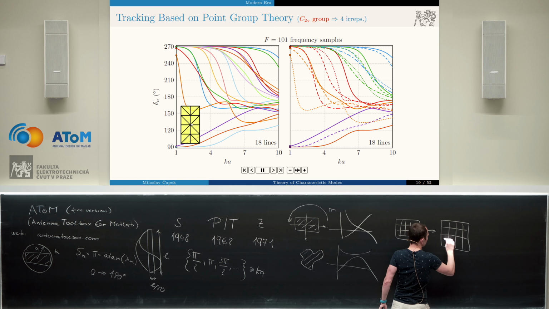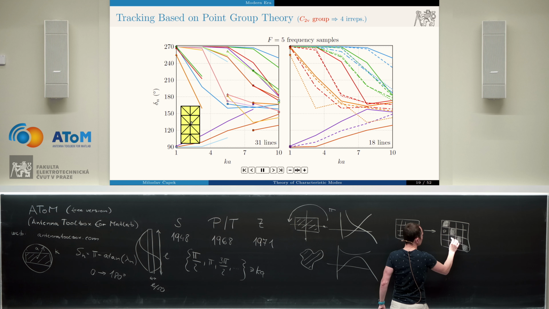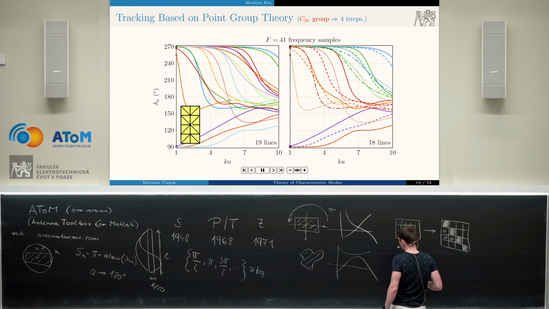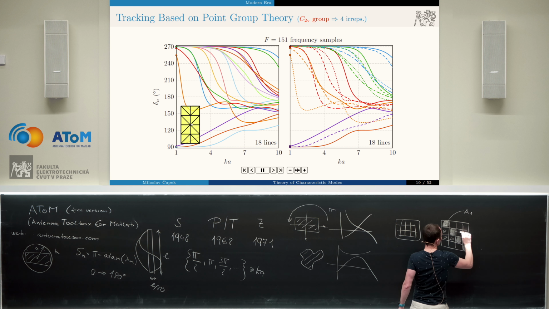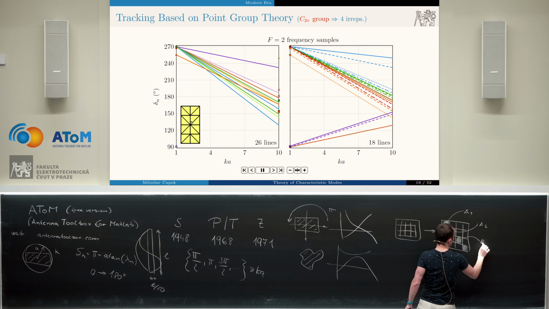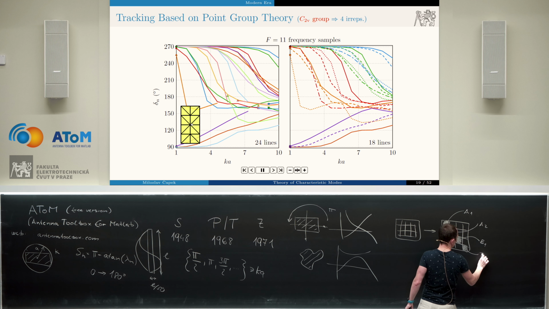So blocks like this, where this is the first irreducible representation, second, third, and fourth, and zeros are sitting everywhere else. And the eigentraces coming from these individual blocks are called in this case A1, A2, B1, B2 in point group theory.